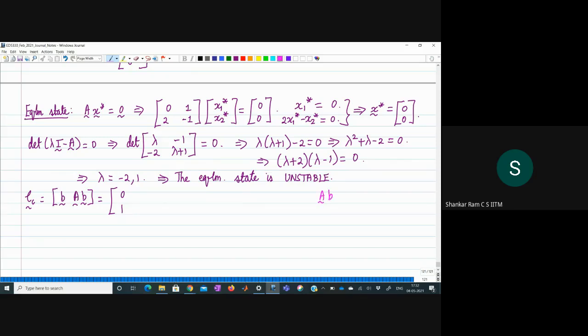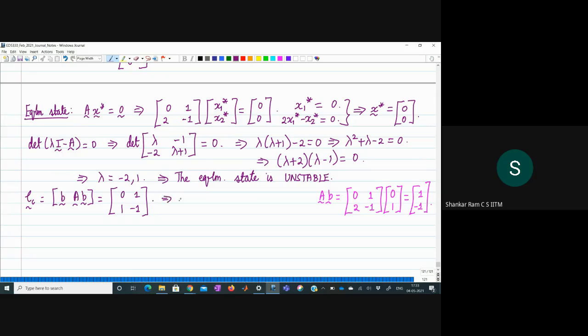The matrix A is [0, 1; 2, minus 1] and the vector B is 0 and 1. So what we are going to get is 1 and minus 1. So we will have 1 and minus 1 as the second column. So this will be the controllability matrix.